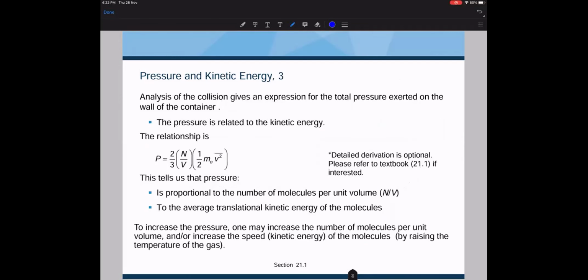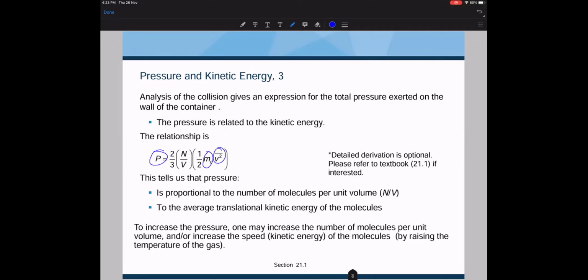So the analysis of the particles all together would tell you the relation between the gas pressure, the mass of the molecules, and the average of the velocity squared.